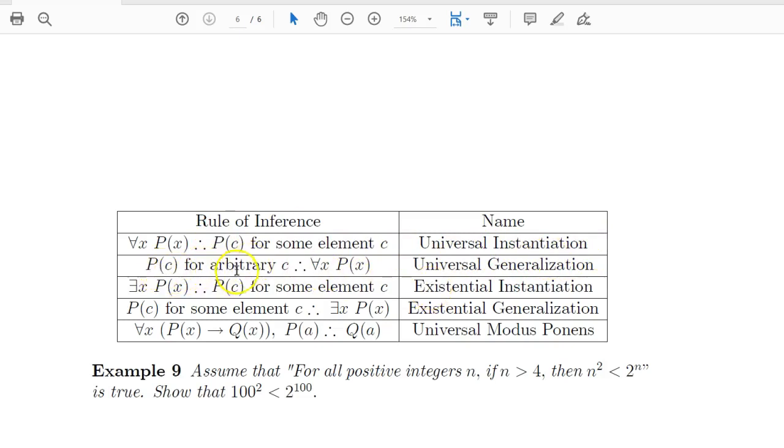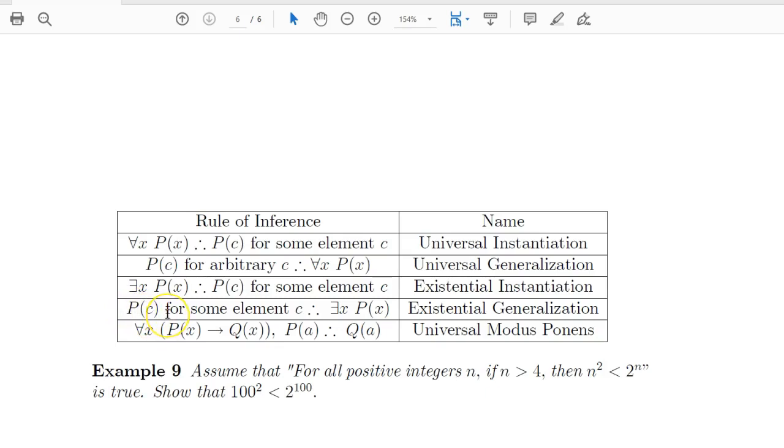P of c for arbitrary c from the domain, and therefore for every x P of x, universal generalization. There is an x such that P of x, and therefore P of c for some element c. Existential instantiation is the name of this rule of inference.